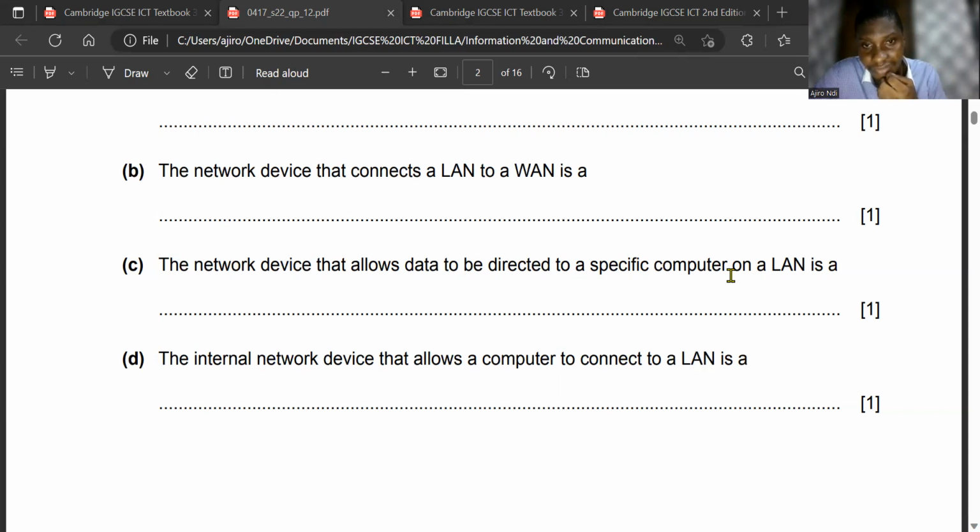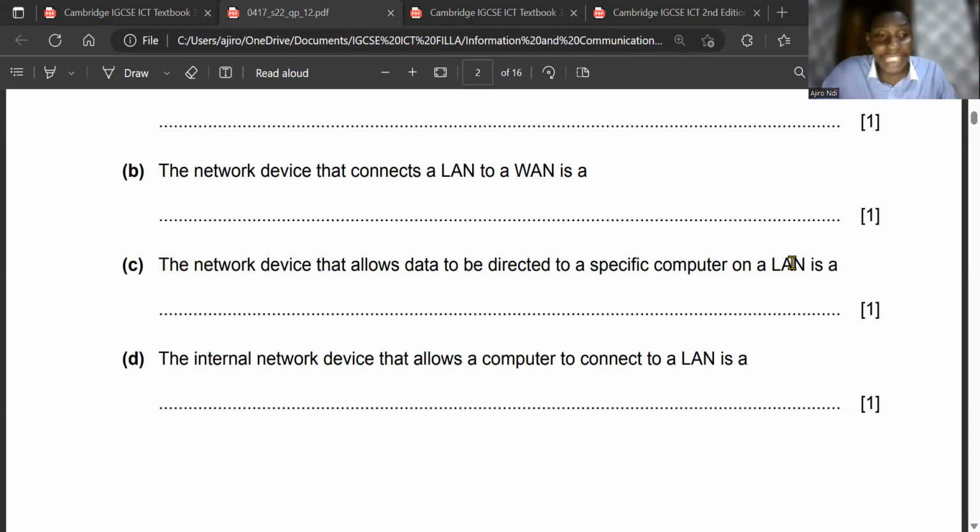Not exactly. Please can you repeat the question? Now, they said the network device that allows data to be directed to a specific computer on a LAN is what? A switch. Yes.